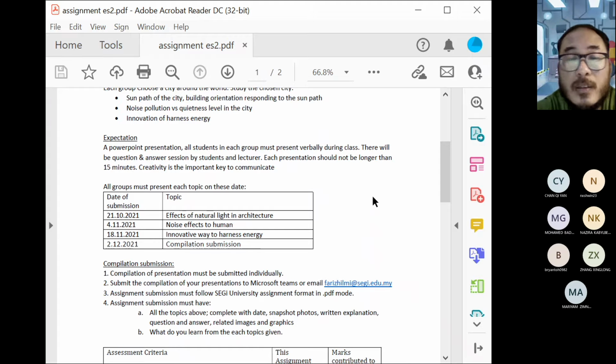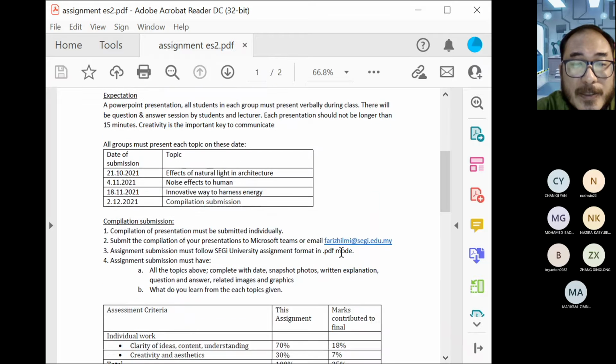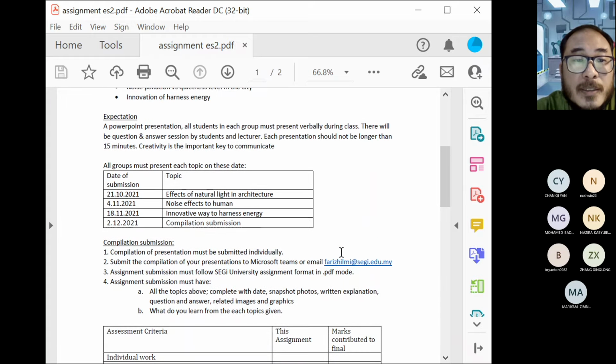Some of you need to polish up your pronunciation. Hopefully you learn a lot more later. The presentations are done in just enough time, not too long.